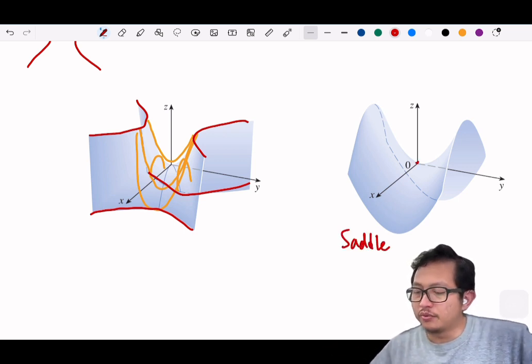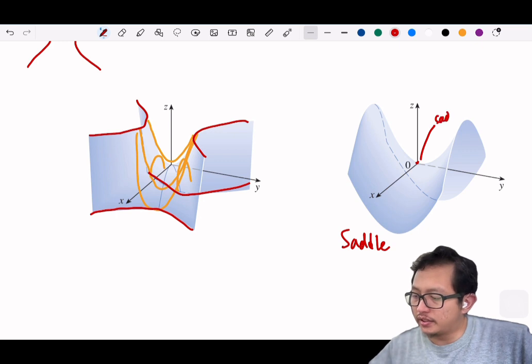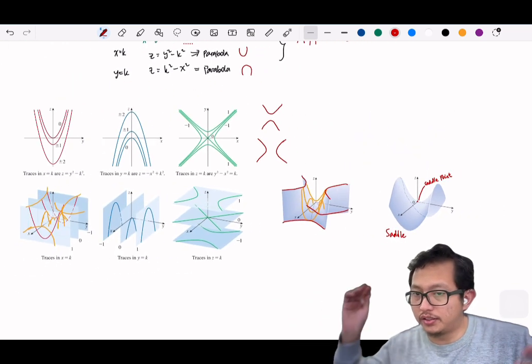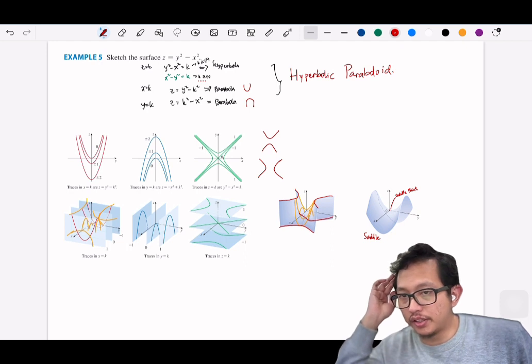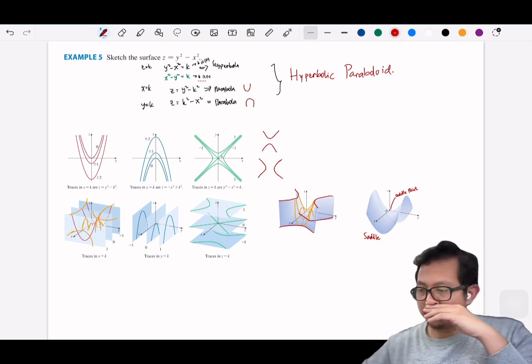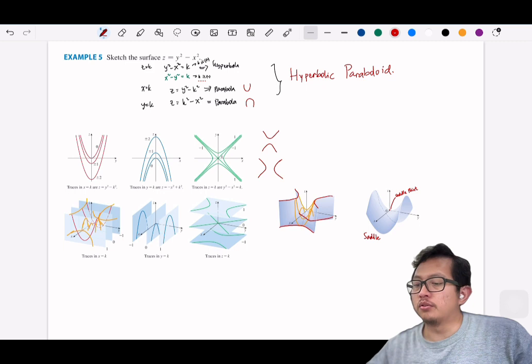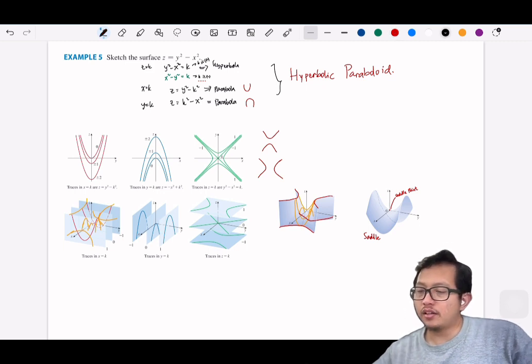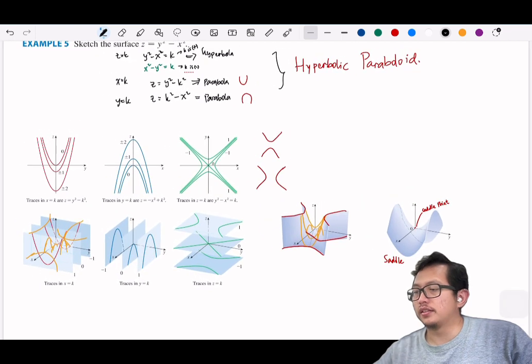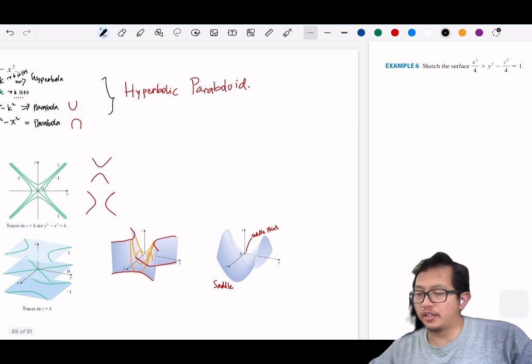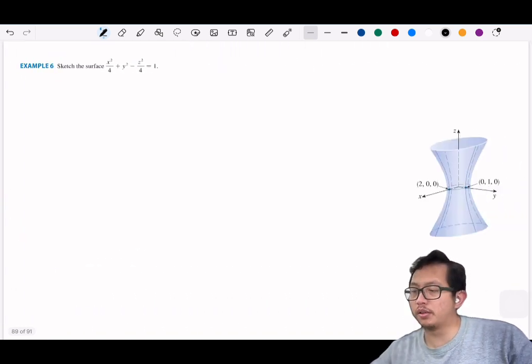And you could see that we could imagine this as a saddle. And the middle point here, we call the saddle point, which will be important in later discussions. So that's how we get the surface. One of the quite complicated surfaces is this hyperbolic paraboloid.